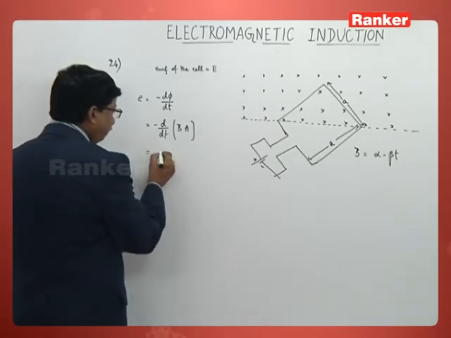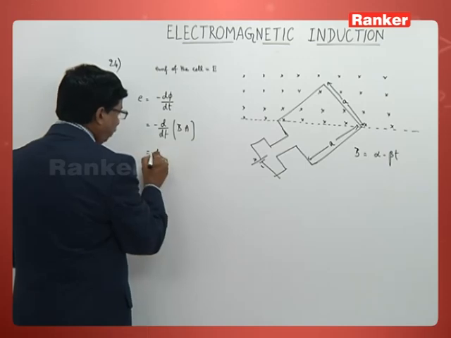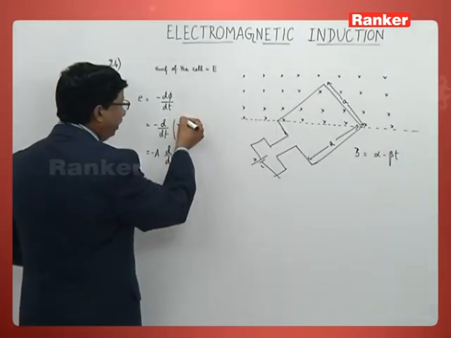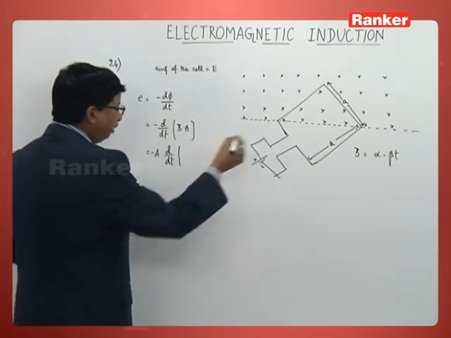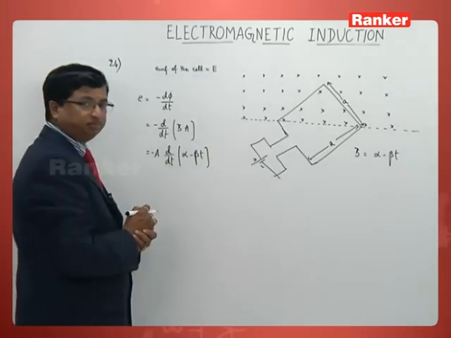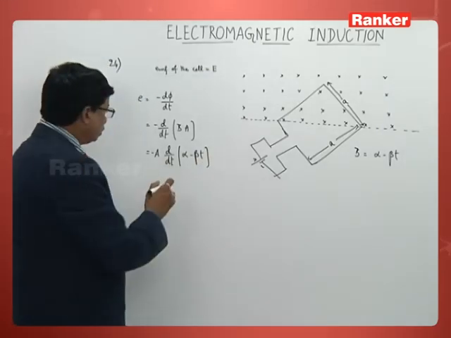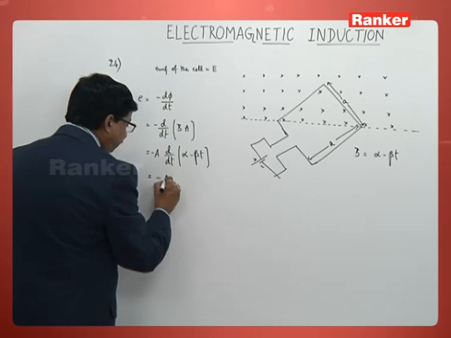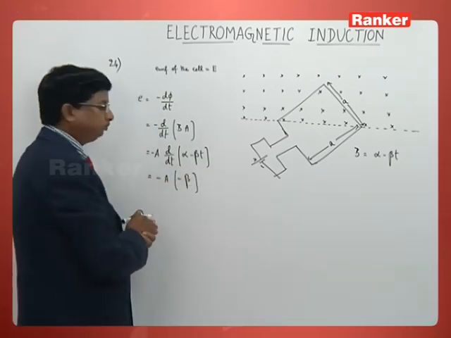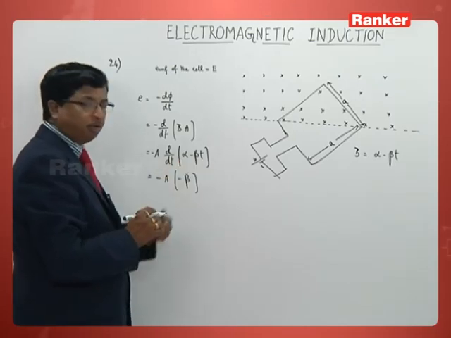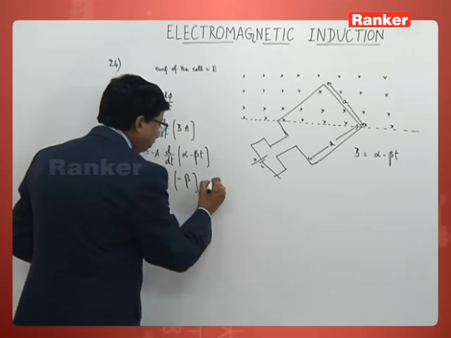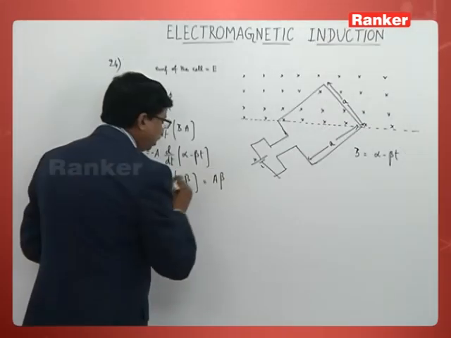Now you rewrite it this way, A you bring out, it's minus A d by dt of B. What is the value of B that is given? Alpha minus beta t. So you get minus A into minus beta, since d by dt of alpha minus beta t is after all minus beta. So this now becomes A times beta.